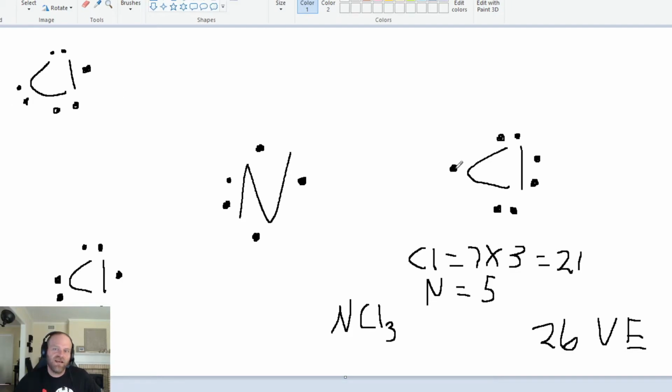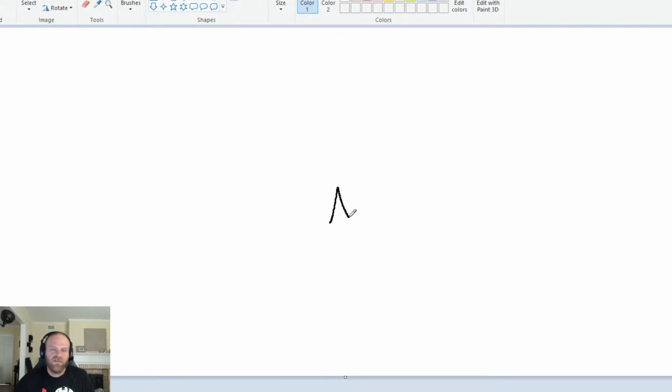I'm going to connect my chlorides, all the singles to the singles, and I'm going to create a bond. Now I'm going to put my lone pair, which is still there on the nitrogen, but now I have bonds that connect it to 3 chlorides.